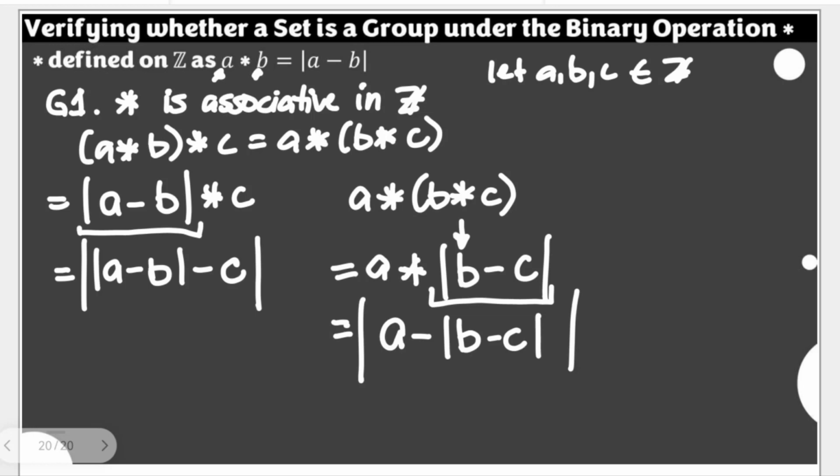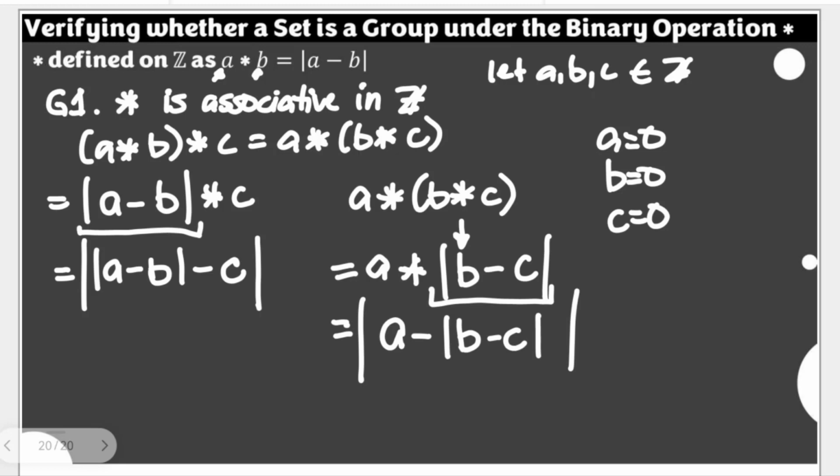Now, there might be instances where this will be true, because our set Z has infinitely many elements. For example, if A is 0, B is 0, and C is 0, both expressions would be 0. But we're talking here about all elements A, B, and C of the set Z, so this is not true all the time.